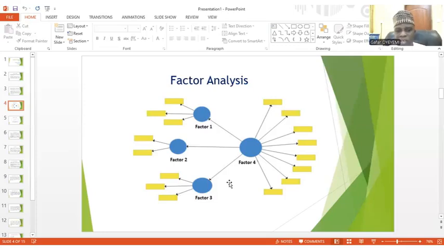As you can see, maybe two or three variables are grouped together to form a factor. In some instances, you may have as many as eight variables grouped together to constitute a factor, so that each of these factors could be interpreted as measuring a particular hidden variable or hidden factor that we cannot measure directly.